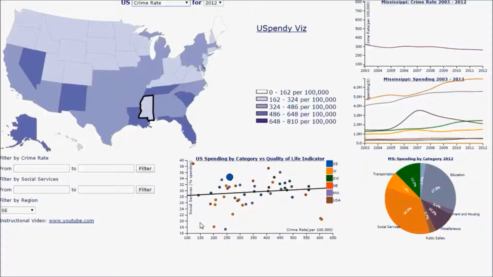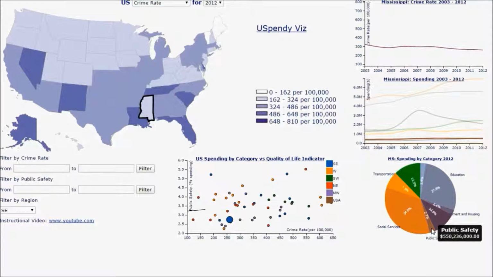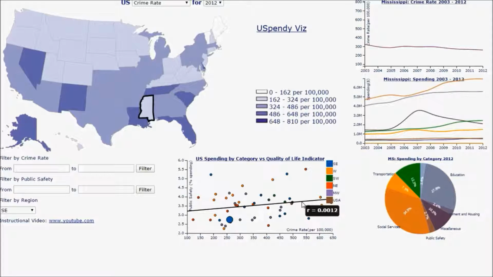So in order to change the y-axis on the scatter plot, we simply go over to the pie chart and click the slice corresponding to the category that we want to view. We can see that the y-axis has been updated to public safety. However, based on the trend line, we don't notice a huge correlation between spending on public safety and the crime rate.